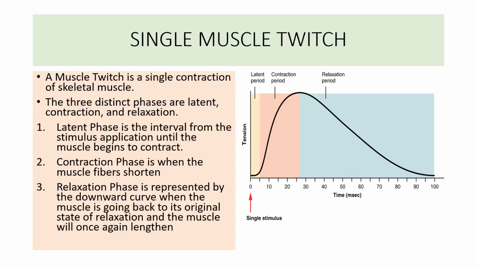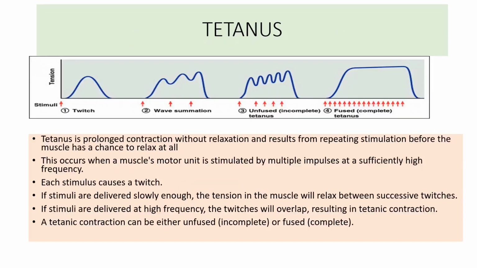During the contraction phase the muscle contracts and shortens, and the relaxation phase is represented by the downward curve where the muscle is going back to its original state of relaxation. So a single muscle twitch includes the latent phase, the contraction phase, and the relaxation phase.